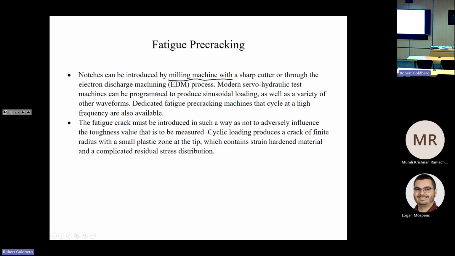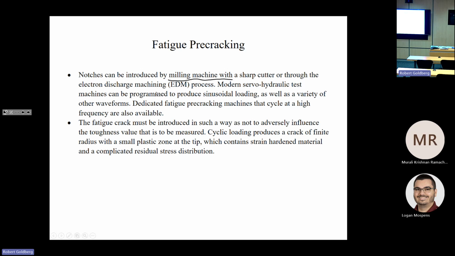Now the trick is that you need to introduce the fatigue crack in a way such that you don't adversely affect the toughness value that has to be measured. For example, if you're doing a test for K1C, the linear elastic fracture mechanics, you don't want to put in a crack that'll end up having a large plastic zone, because all of a sudden then it won't be linear elastic fracture mechanics.